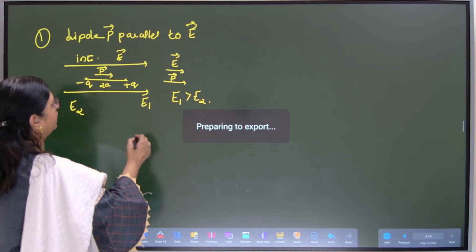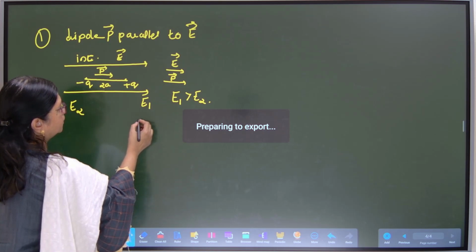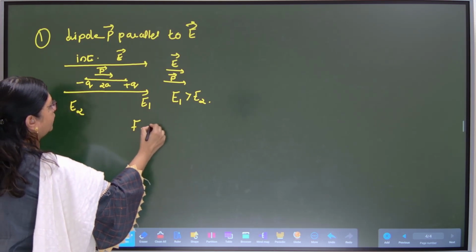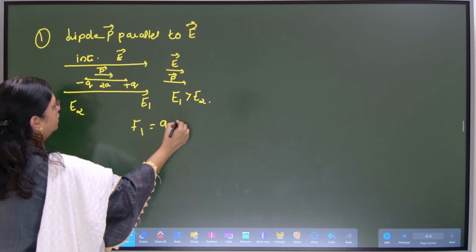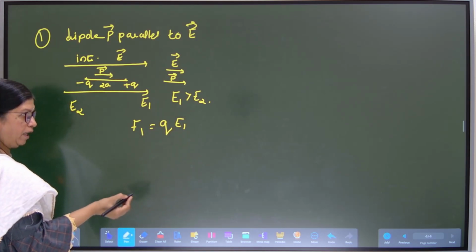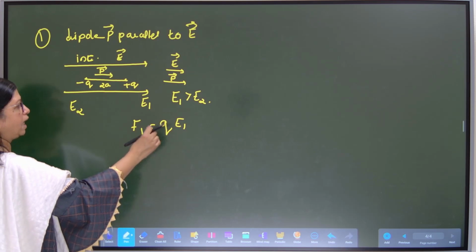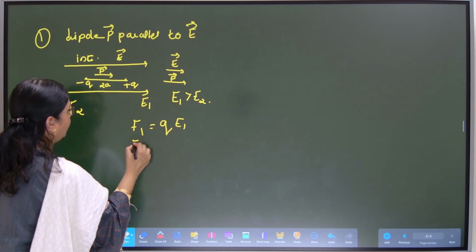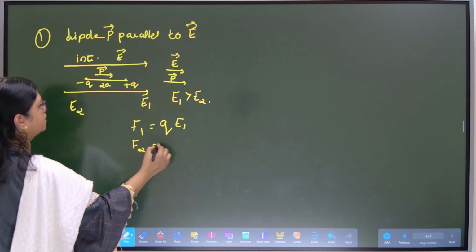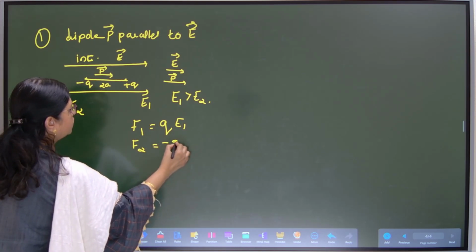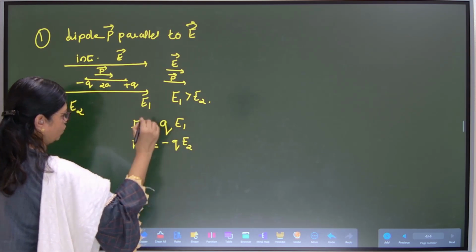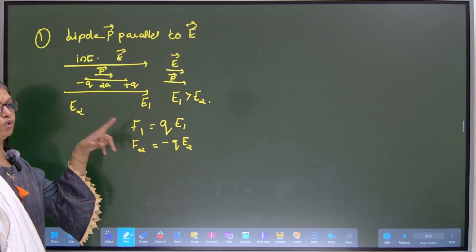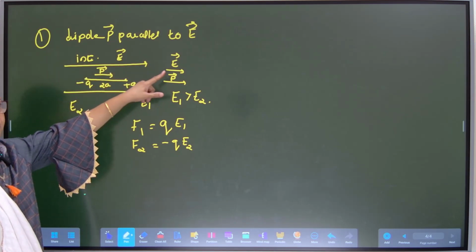So for F1 I can write QE1, which is our formula for force equal to charge multiplied by the electric field, and for F2 I will get negative QE2, where negative indicates that the direction of force is opposite to the direction of electric field.